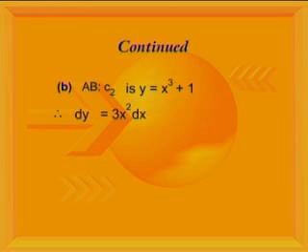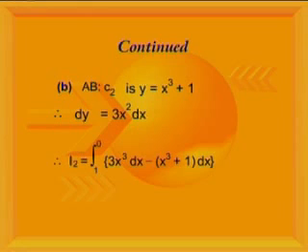Now along the curve whose equation is y is equal to x cube plus 1 from the point A to B. Here y is equal to x cube plus 1, so therefore dy is equal to 3x square dx, and we will replace in our integral y by x cube plus 1 and dy by 3x square dx.